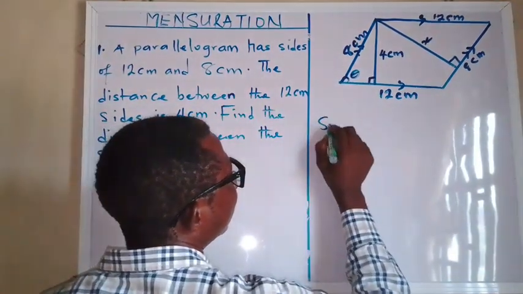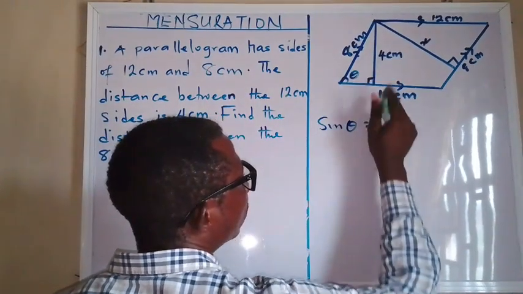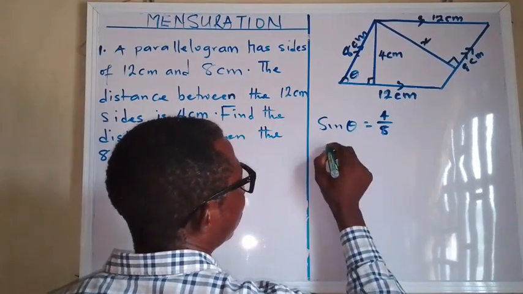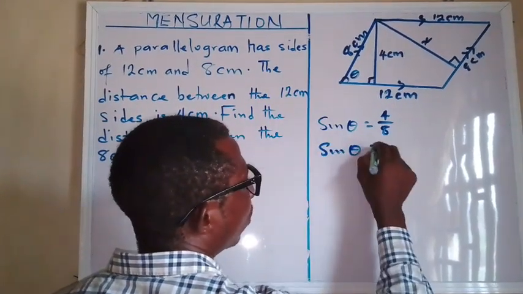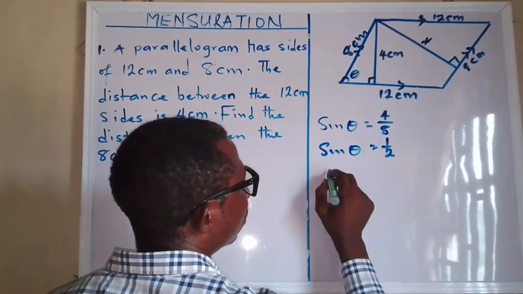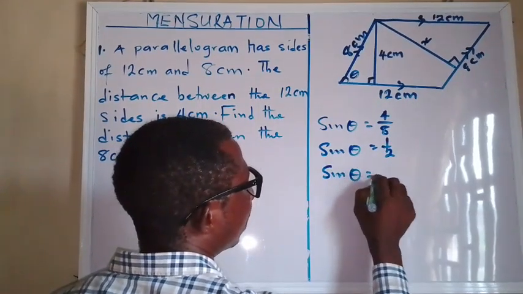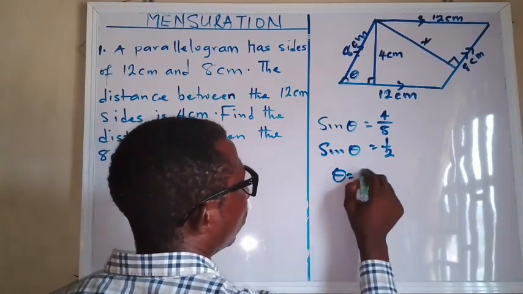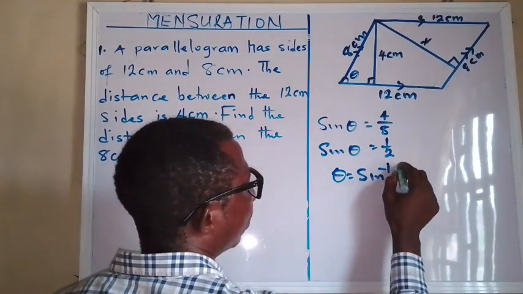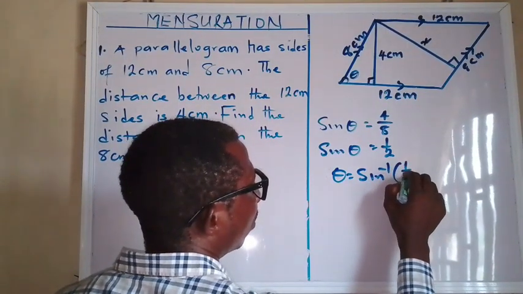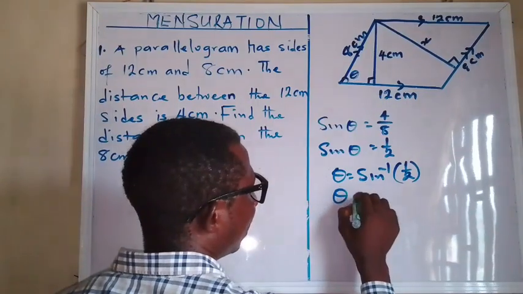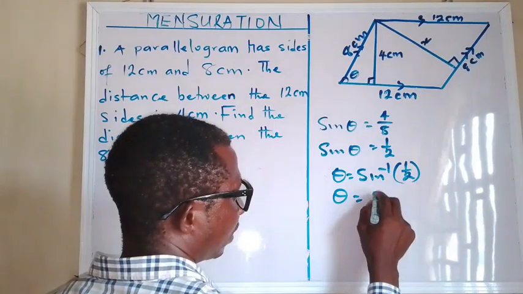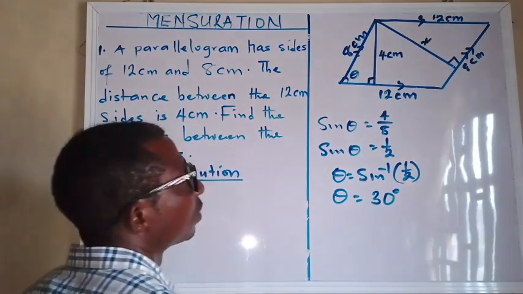We have sine theta equals opposite 4 over hypotenuse 8. So sine theta equals 1 over 2. Let's say theta equals inverse sine of 1 over 2. Okay, and that's going to give us 30 degrees. You know, it's a special angle, so that's 30 degrees.